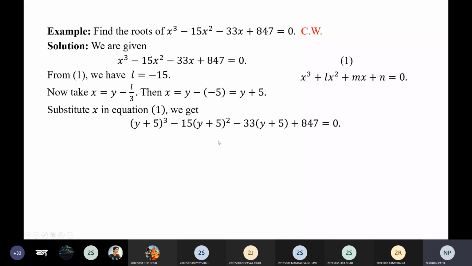Expand it and tell me what you are getting here. You will have a cubic equation in variable y. Just do the simplification and give me the answer. I think all of you are trying, right?